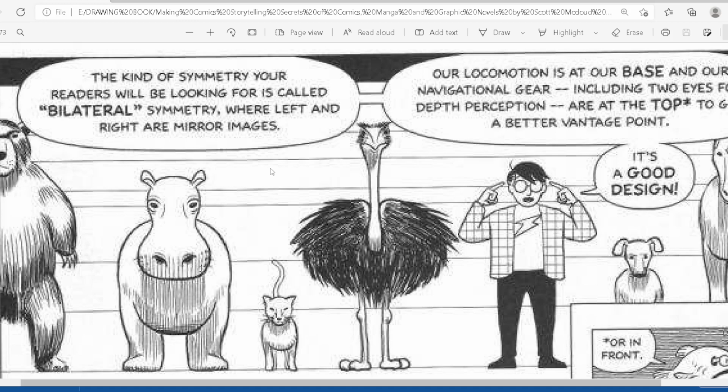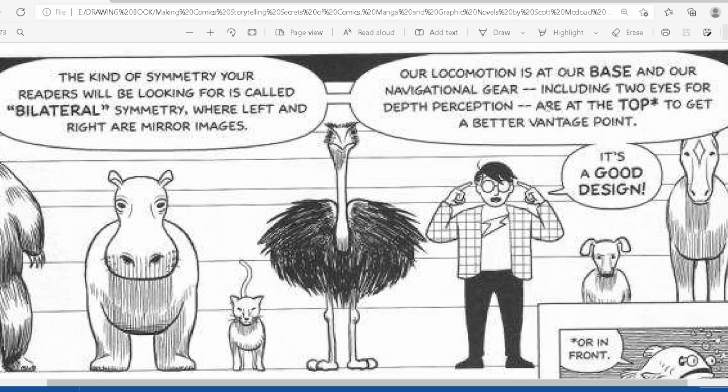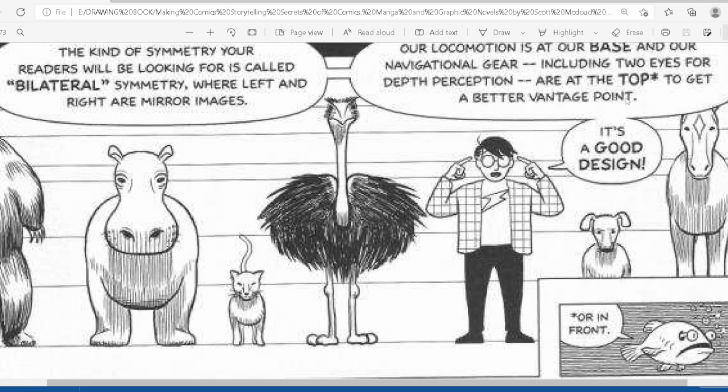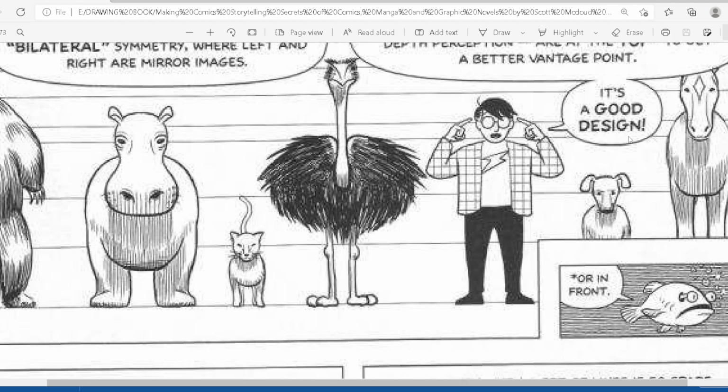Our locomotion is at our base, and our navigational gear, including two eyes for depth perception, is at the top to get a better vantage point. It's a good design, you know.